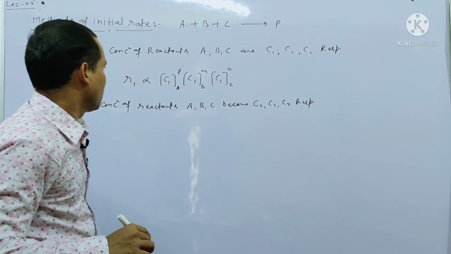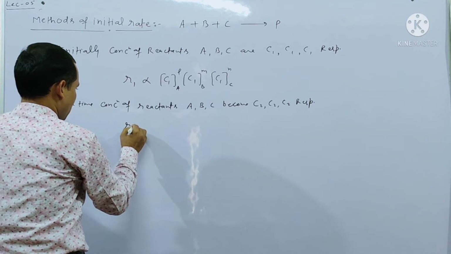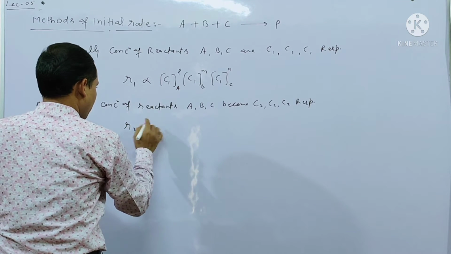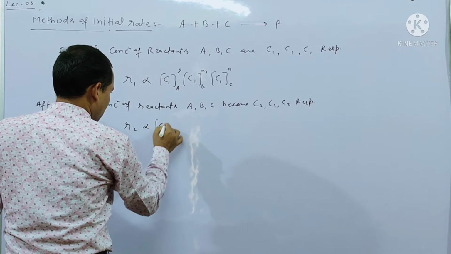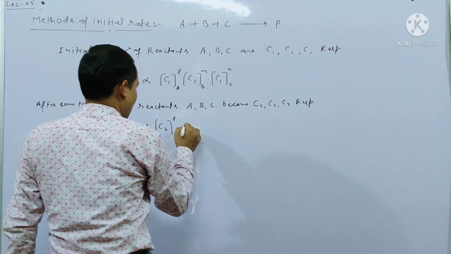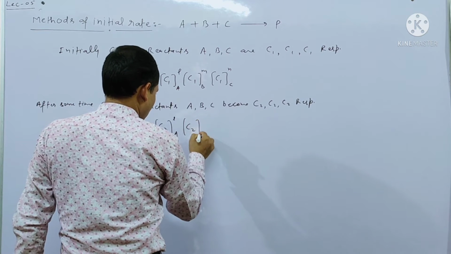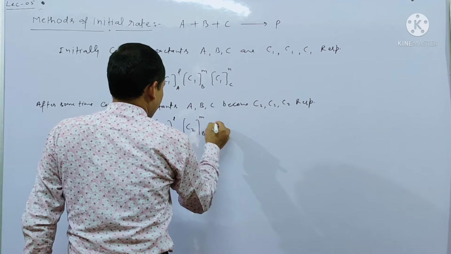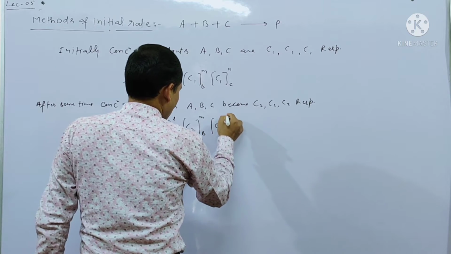Now the rate R2 is directly proportional to C2 to the power L for A, C2 to the power M for B, and C2 to the power N for C.